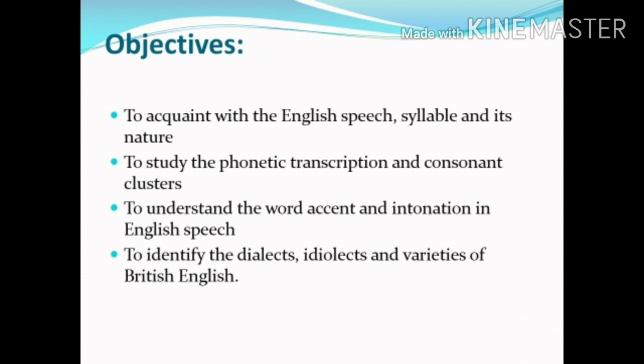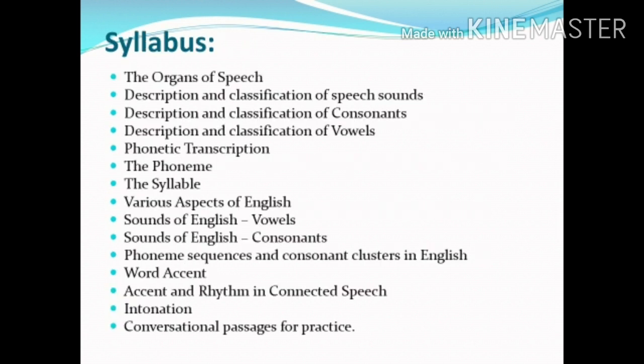Second, you are expected to study the phonetic transcription and consonant clusters of the English language. Third, you are expected to understand the word accent and intonation in English speech. Fourth, to identify the dialects and varieties of British English.